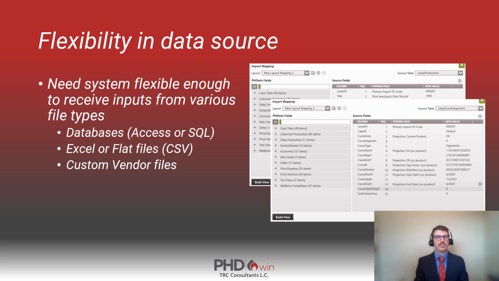So you want a nice flexible system that's able to aggregate multiple data sources and incorporate all kinds of different data. Here on the right hand side, you can see a sample of PHDwin's mapping methodology, where users are able to map individual tables or files, so the data in the column matches the appropriate data in PHDwin.